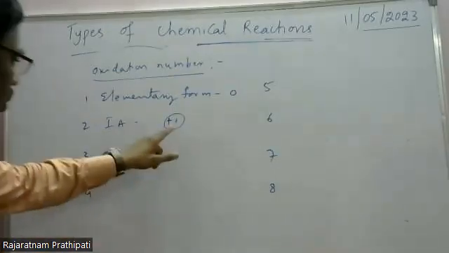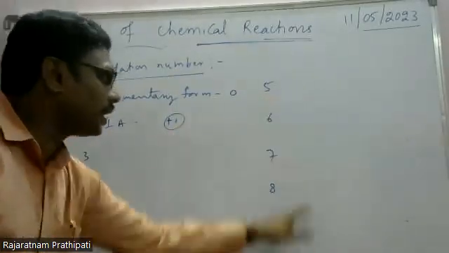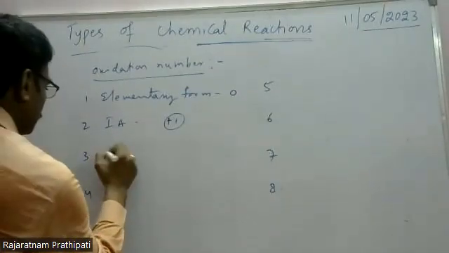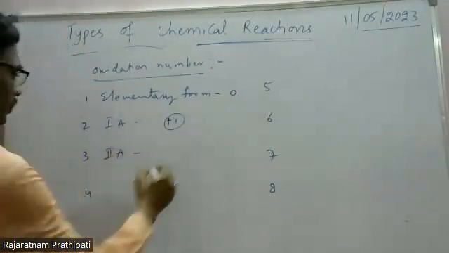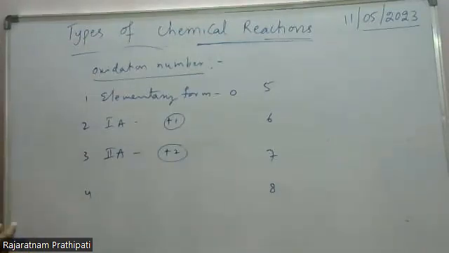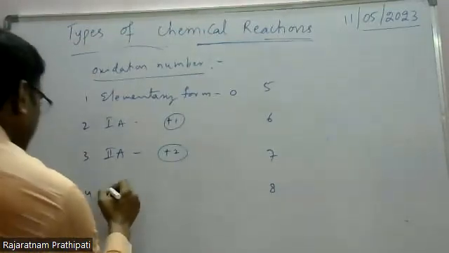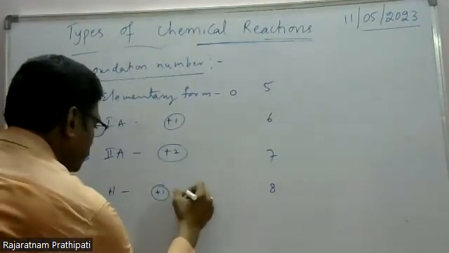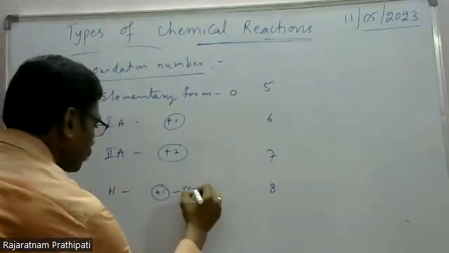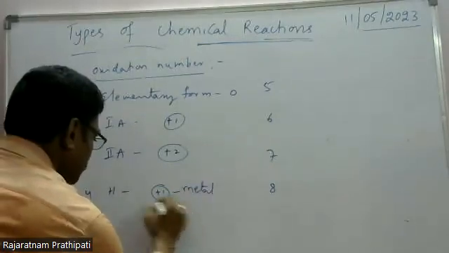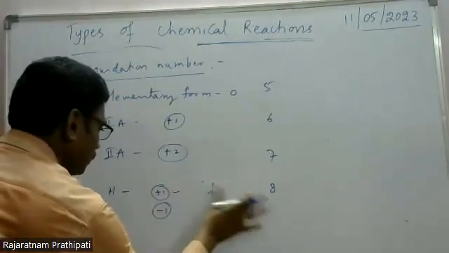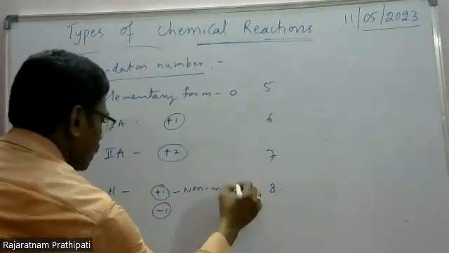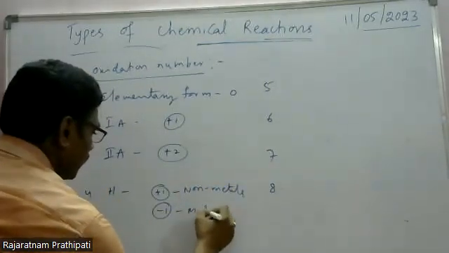Oxidation state is always exhibited in compound form. The 2A group elements are always +2, and hydrogen exhibits +1 with non-metals and -1 with metals.